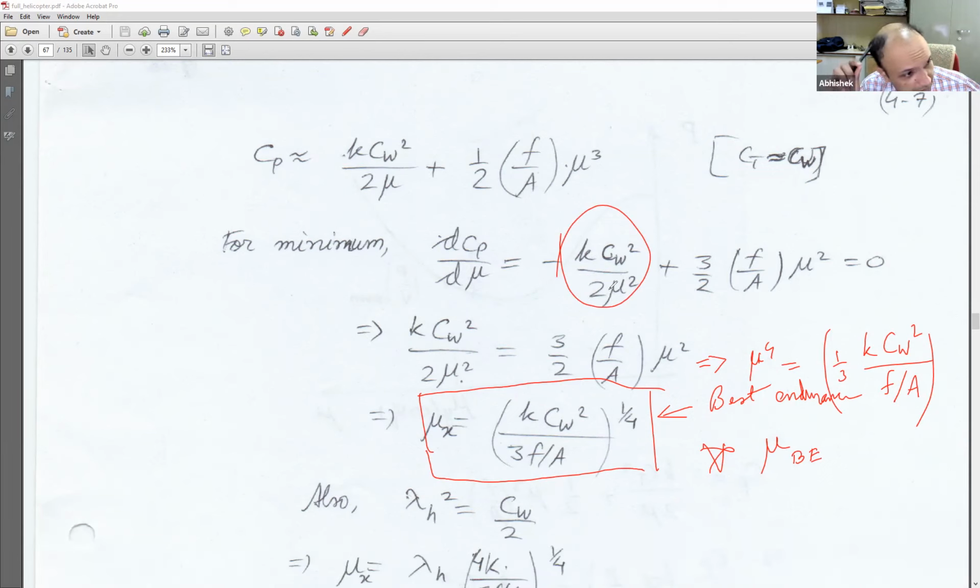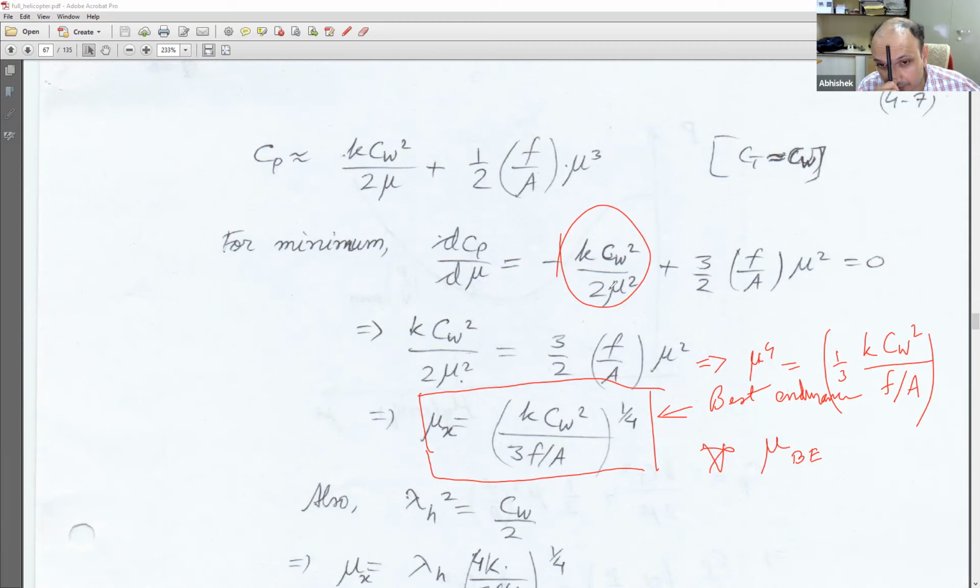Who will tell what is CW? Sachindra. Thrust. Why thrust? I was saying, but then you asked for some other guys' name. So tell what you were saying. CW is thrust coefficient, and at hover thrust is equal to weight.